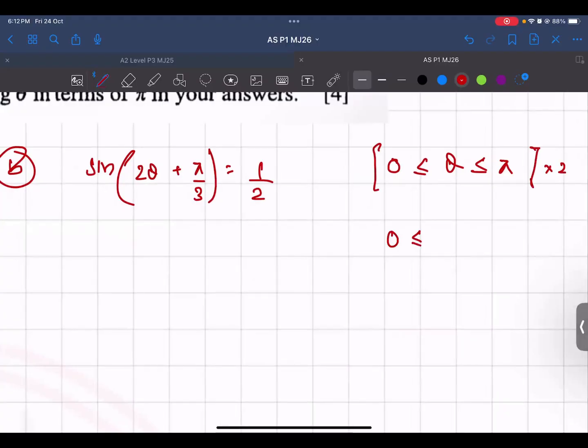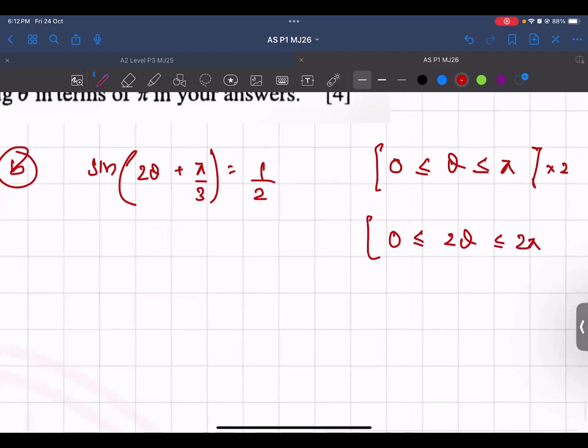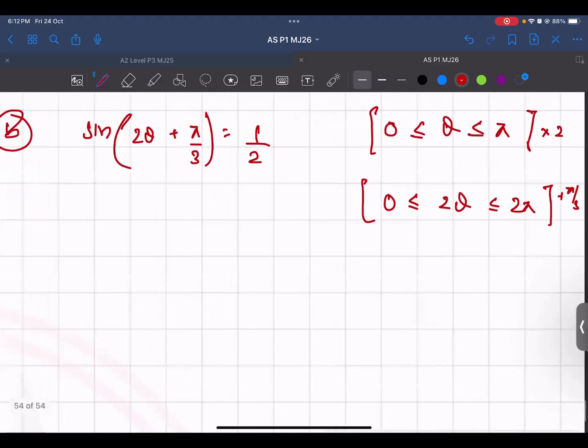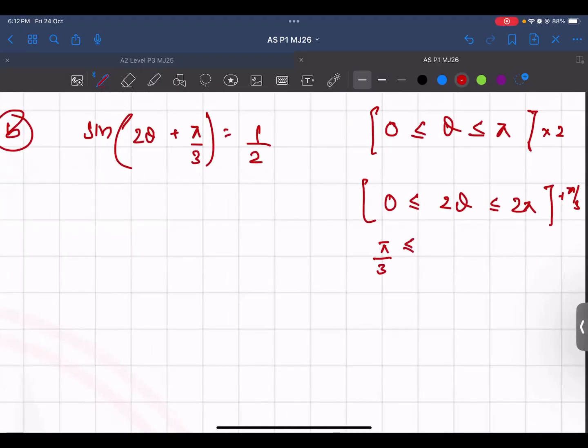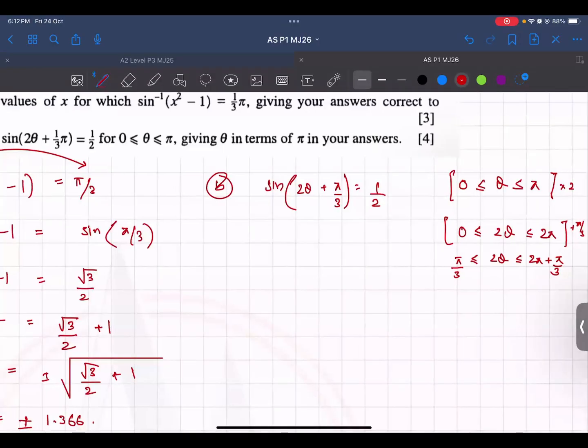So 0 to 2 pi for 2 theta, and then plus pi by 3. This is the range within which you will find your solutions.